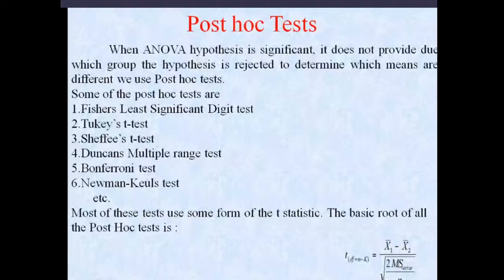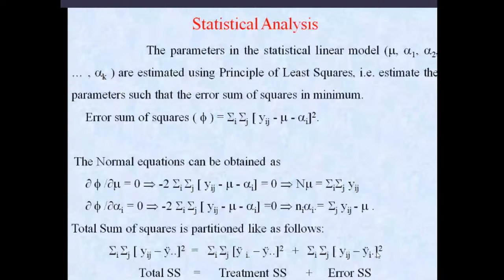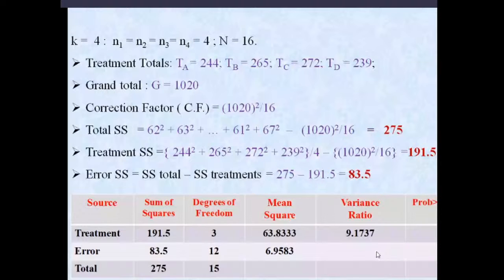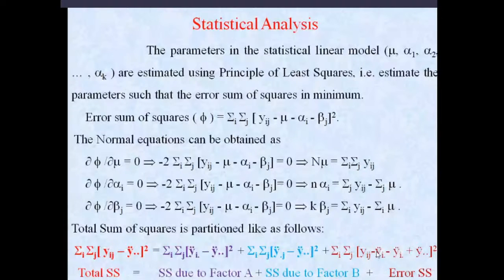Now generally we use statistical software for evaluating analysis of variance, one-way or two-way classification, or post hoc tests. In the next session I will show the implementation for completely randomized, randomized block, or Latin square designs. A completely randomized design is nothing but one-way classification, randomized block is almost a two-way classification, Latin square is a three-way classification, and factorial experiments are two-way classification with interaction effects.